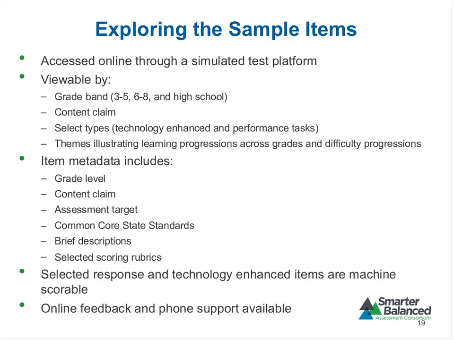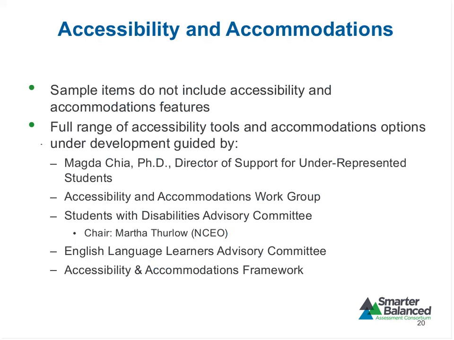All right, next slide, please. An important thing to remember right now when you look at the sample of items is that we have not dealt at this point with accessibility and accommodation. Now we're going to be working on that, and we have several working groups and committees that are in the process of developing the guidelines, and we're talking about what kinds of supports and scaffolding and adaptations need to be made for special populations.